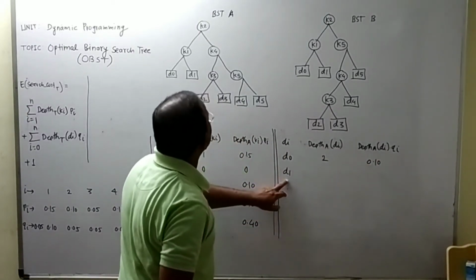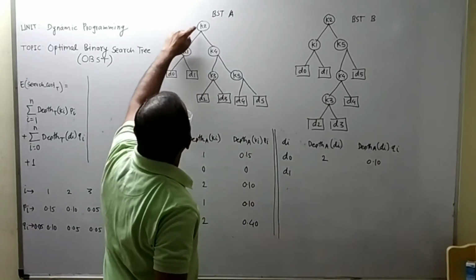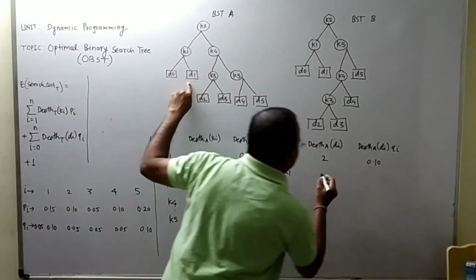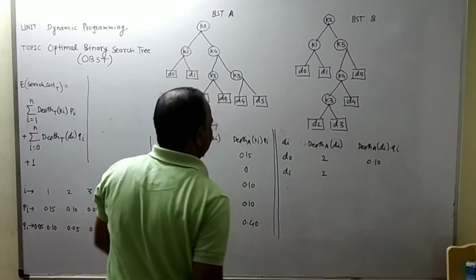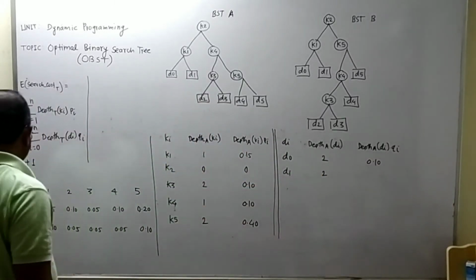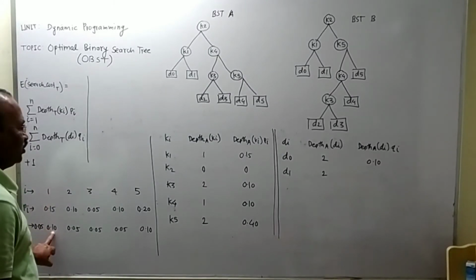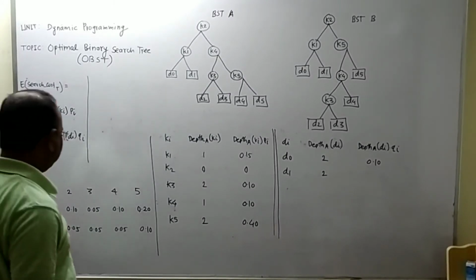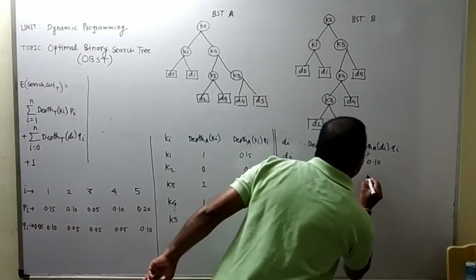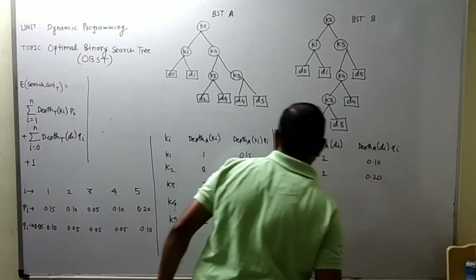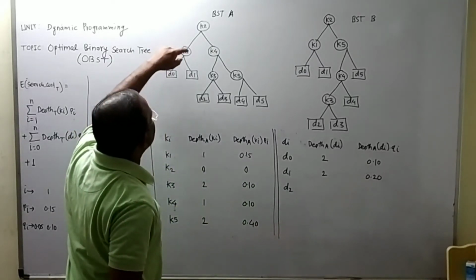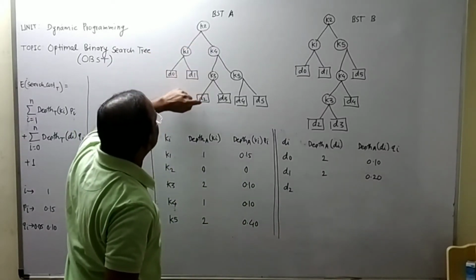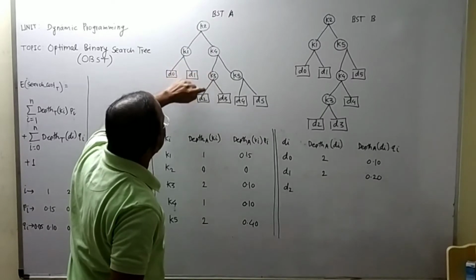Next dummy key is D1 and depth is 0, 1, 2, again 2, and multiply this 2 with the probability of D1. The probability of D1 is 0.10, 0.10 into 2, that is 0.20. Then D2, the depth of D2 is 0, 1, 2, 3.